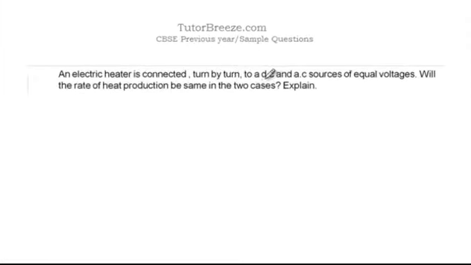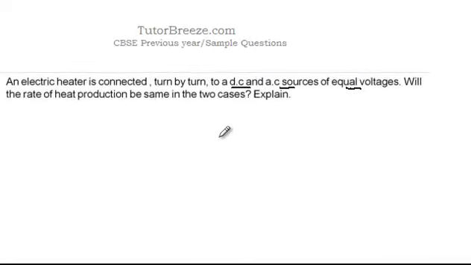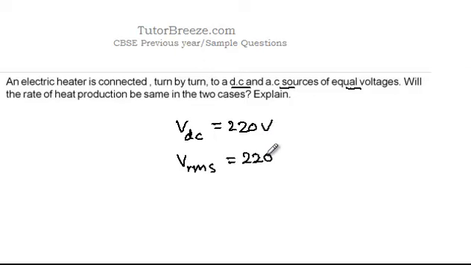The question says that the DC source and the AC source both have the same voltage. Let us make an assumption. Let's say that the DC source is 220 volts and the RMS value of the AC source is also 220 volts.